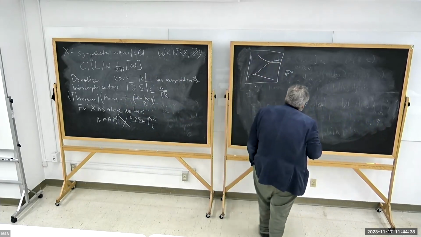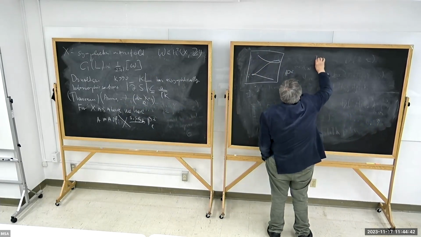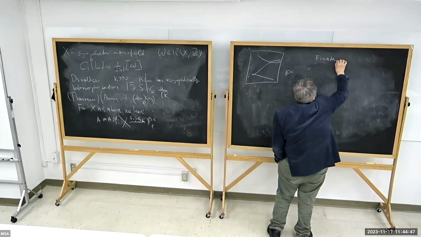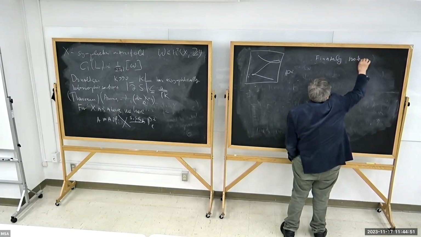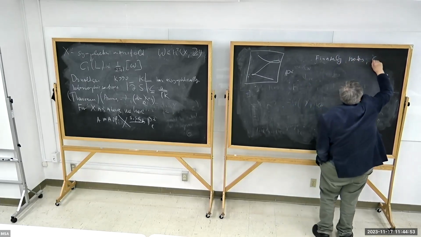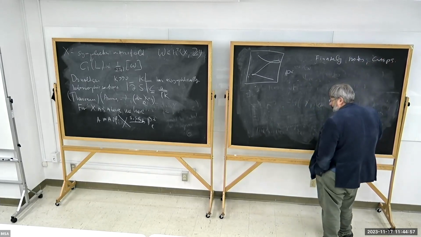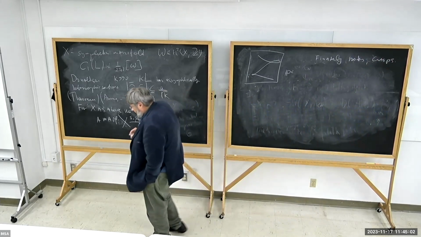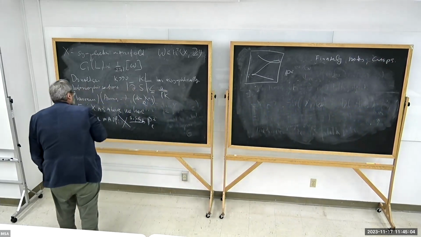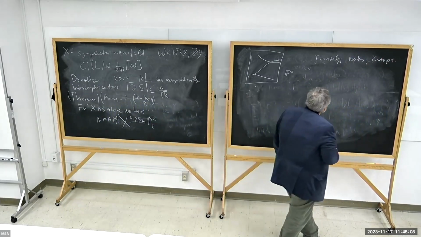So which has the following characteristic. It has finitely many nodes, cusps, and so pretty much behaves like the curves that you get from generic projection in algebraic geometry.